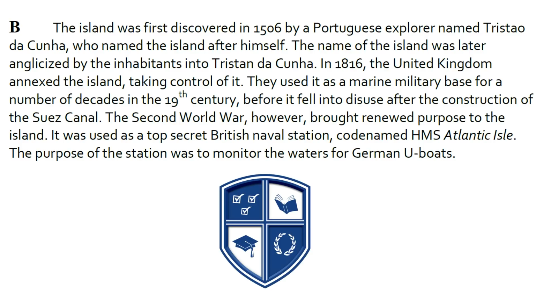They used it as a marine military base for a number of decades in the 19th century before it fell into disuse after the construction of the Suez Canal. The Second World War, however, brought renewed purpose to the island. It was used as a top-secret British naval station, codenamed HMS Atlantic Isle. The purpose of the station was to monitor the waters for German U-boats.